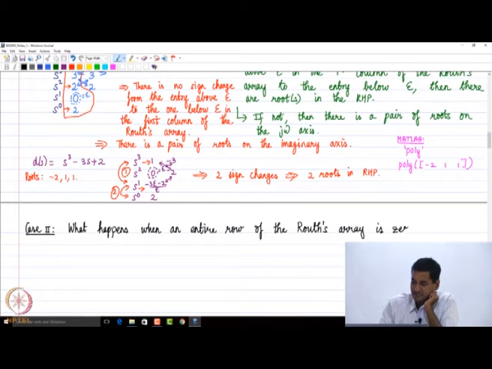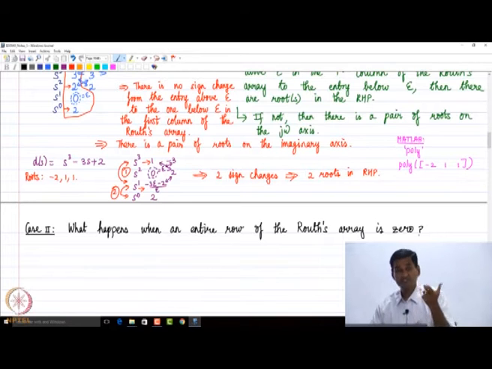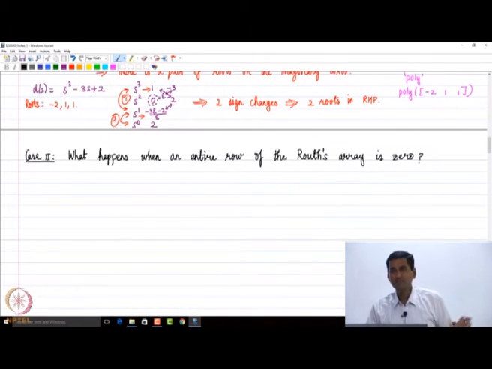We asked ourselves what happens when the first entry in any row is 0, but let us say the entire row is 0. Then what do we interpret from that?